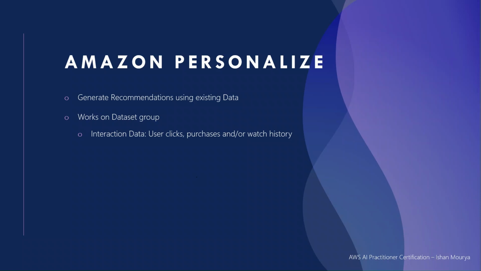We need to know the history of that user, like what this user has purchased in the past, or what products they have liked in the past, or maybe just clicked on, right? So that is the interaction data. So between user and product, there has to be interaction.